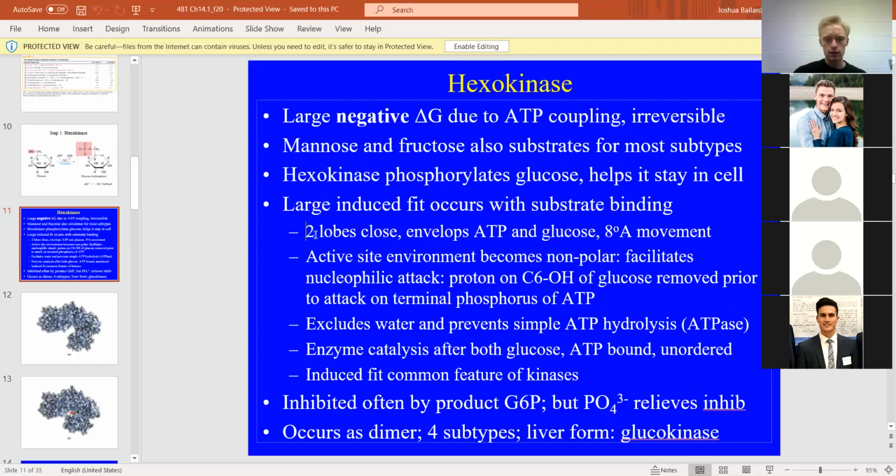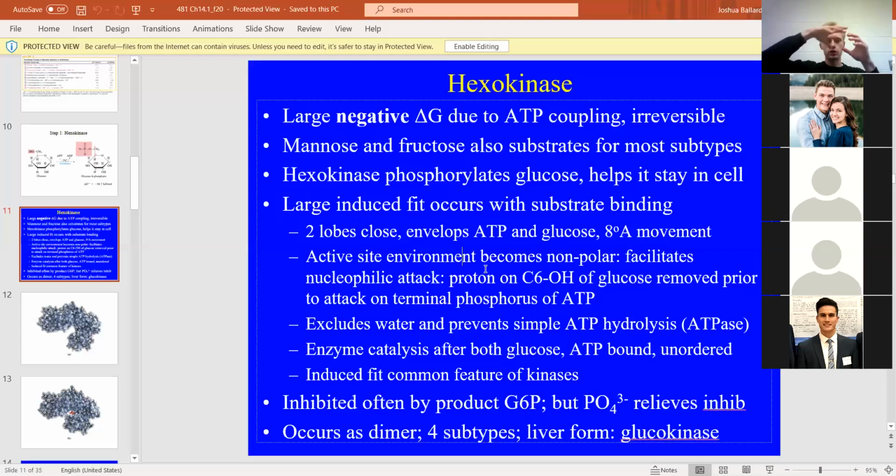With this case in the hexokinase, the 2 lobes closed envelops the ATP. So an induced fit means that the molecule kind of weaves its way through the enzyme. So the fit is kind of induced.